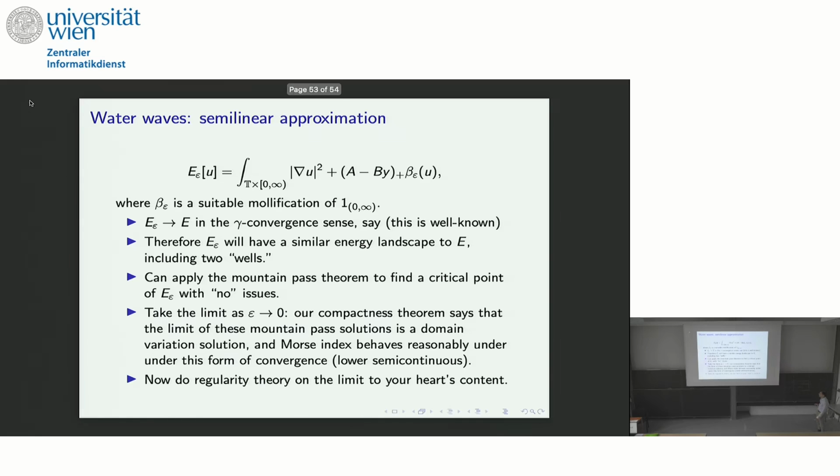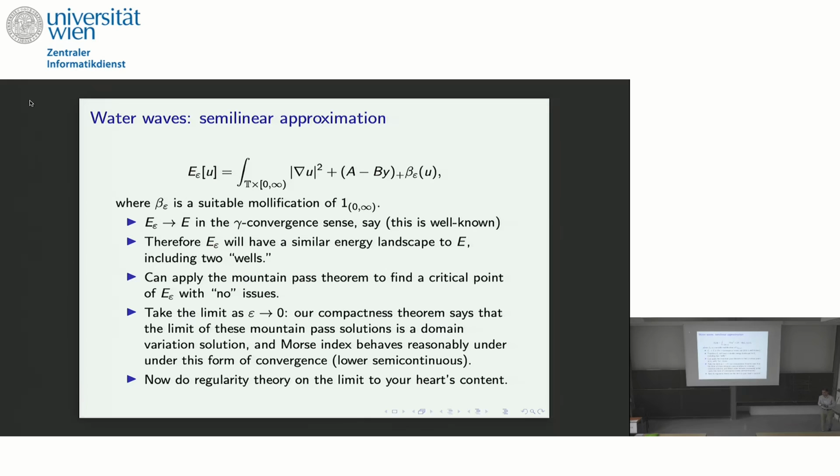Now you're done. You have a solution. You can now spend the rest of your life doing regularity theory on it. This is a paper now available on arXiv, and we do some additional regularity theory. We can prove more than what the compactness theorem would tell you.